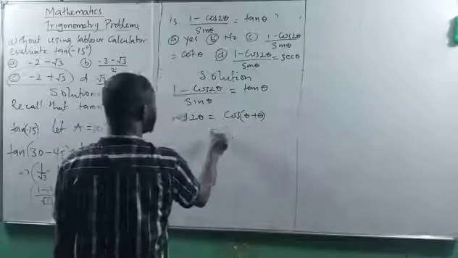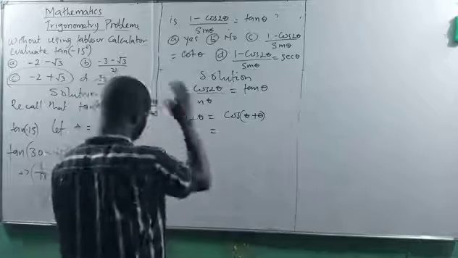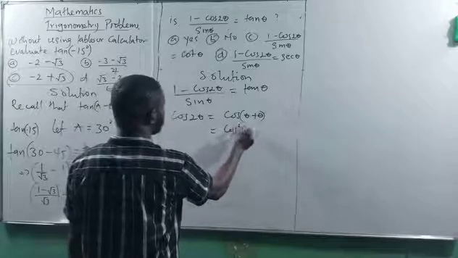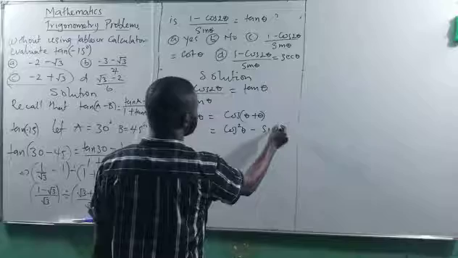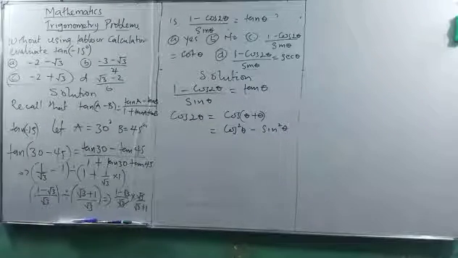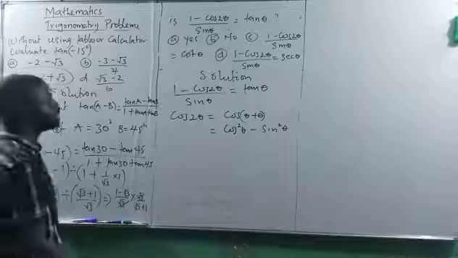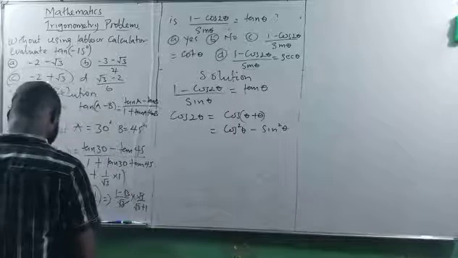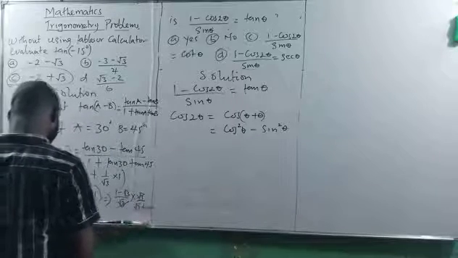Indirectly, I'm saying cos square theta minus sine square theta. Please, there are videos that explain this for us. Since I know that, I can now say that is very correct.